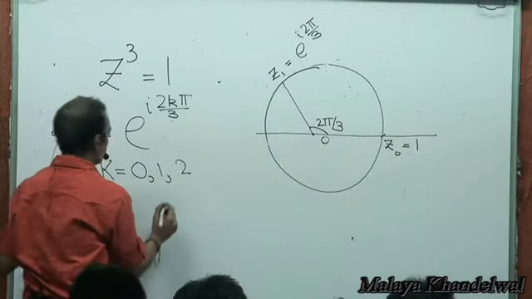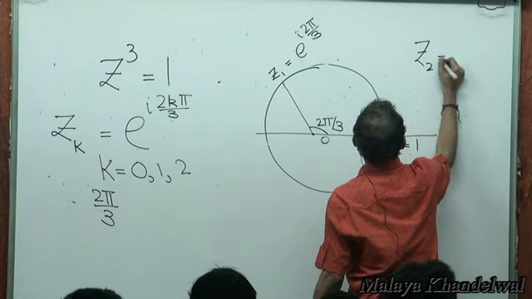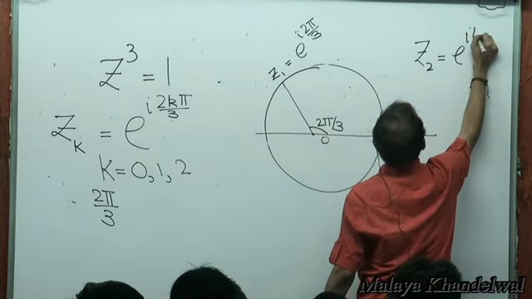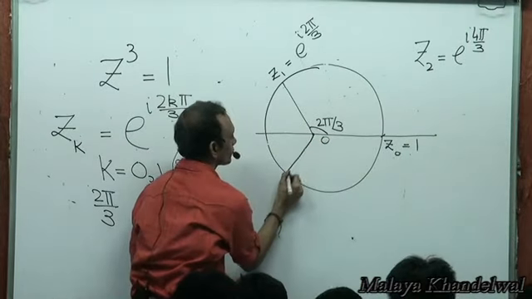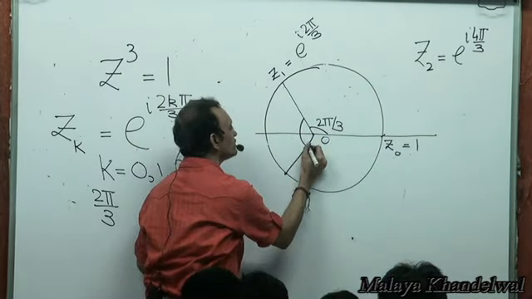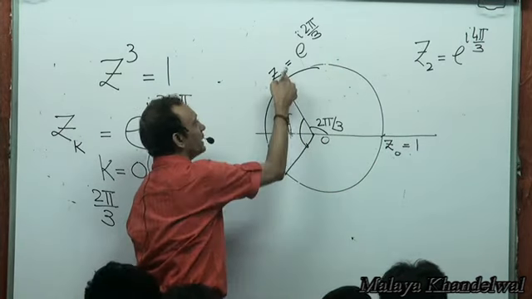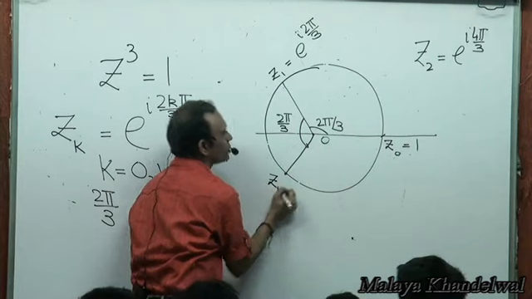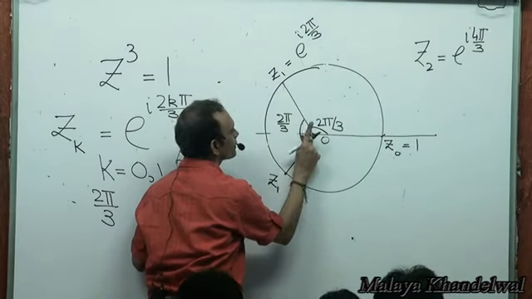And z2, k equal to 2, means e power i 4 pi by 3. That means another 2 pi by 3 from here. The angular separation between z1 and z2 will also be 2 pi by 3. Yes or no?